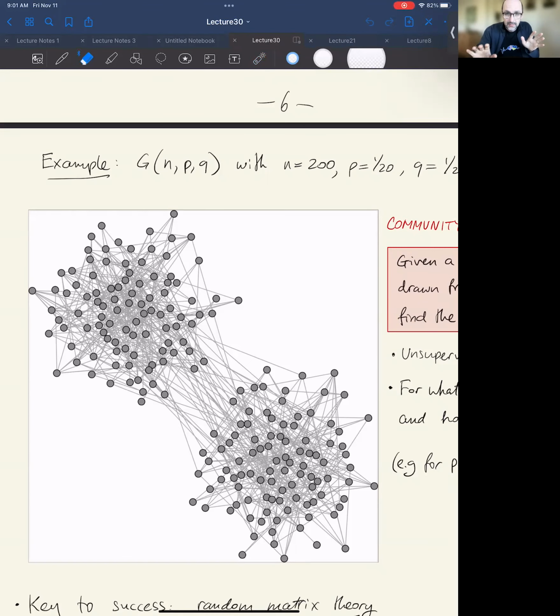I can model this. Now the question is, I generate a graph with this model like this. And I'm giving it to you, and I'm not telling you who the boys and who the girls are. You just know who is connected with whom, who is friends with whom, and that's it. Your job is to separate the graph into the two clusters, boys and girls.